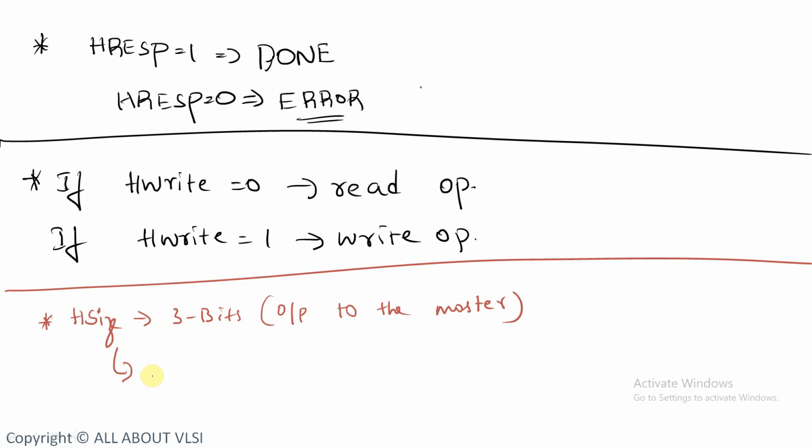Now what is this HSize? Basically, this HSize is used to define the size of the data item.